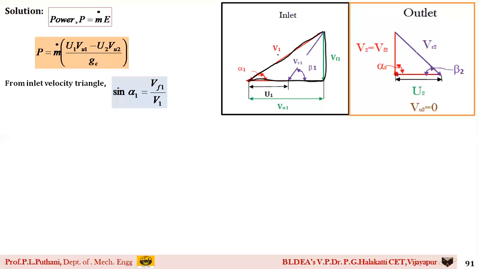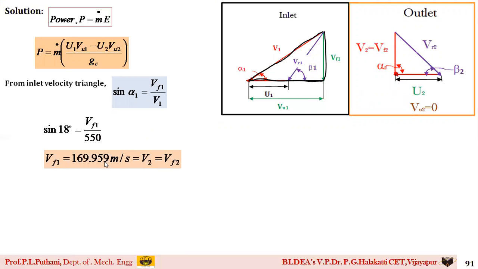So on simplification, I get the value of VF1 as 169.959 meters per second. As we have said that it is axially directed, so it is equal to VF2, which is equal to V2, which is already mentioned in the question.